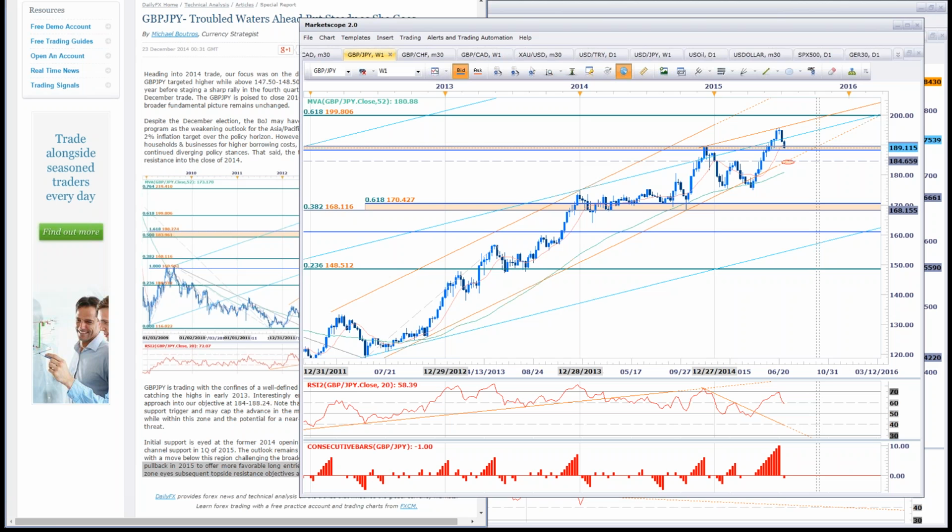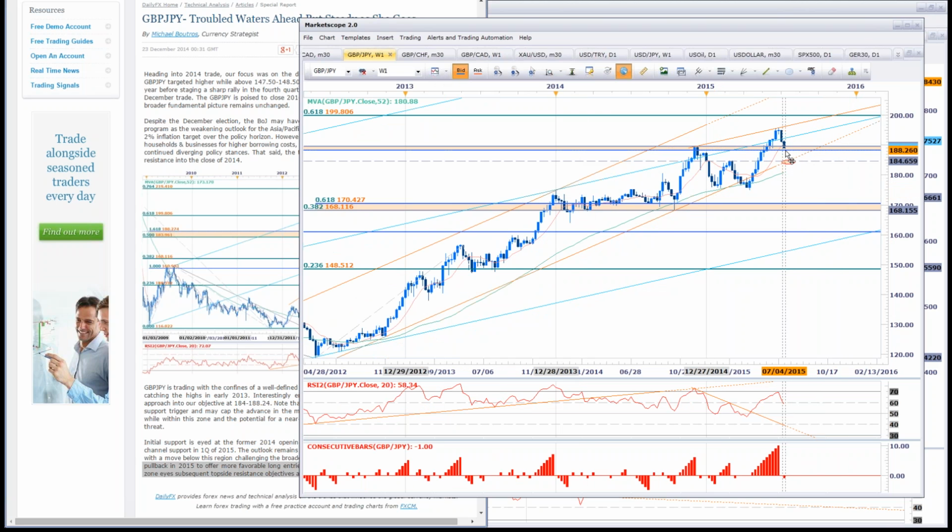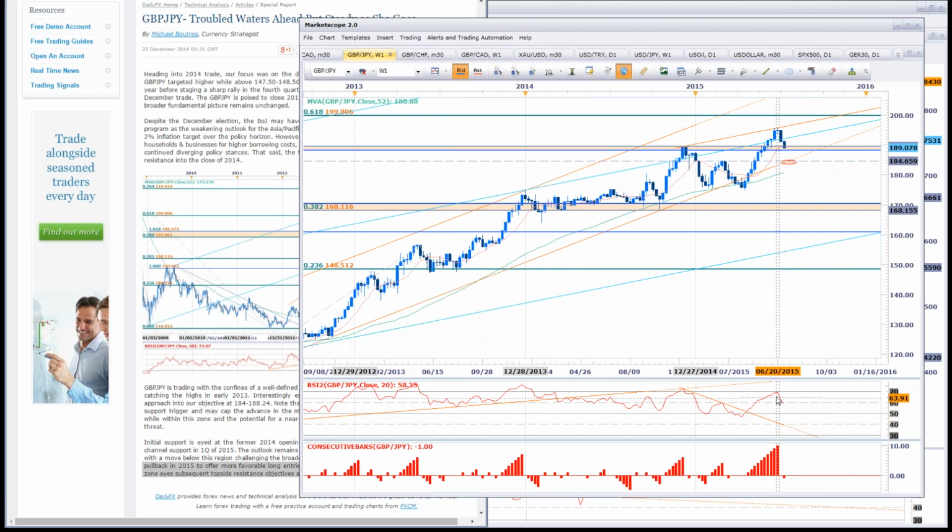I mean, you're looking at the BOE, which is probably alongside the Fed as the most prepped central bank to start normalizing rates, and the BOJ, which is still on tap, still going for its 2% inflation target. So this one's something I'll be watching very closely as we come into support here. I'm not trying to do anything on the short side unless this breaks, but this is a weekly chart, so keep that in mind.